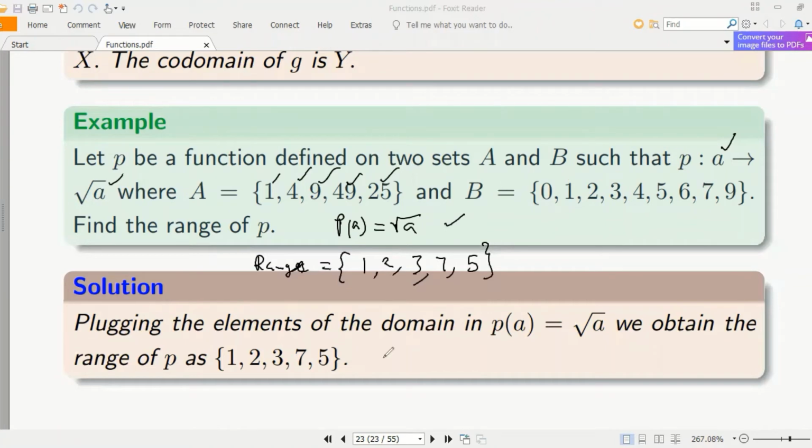This is the range. That's how you do it. Just use the definition. This is the definition of the mapping of that function.